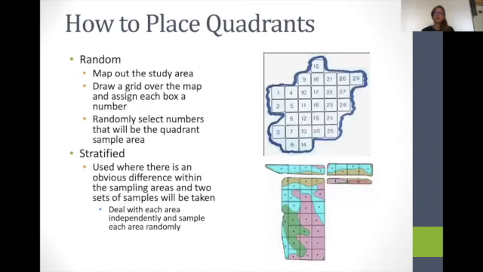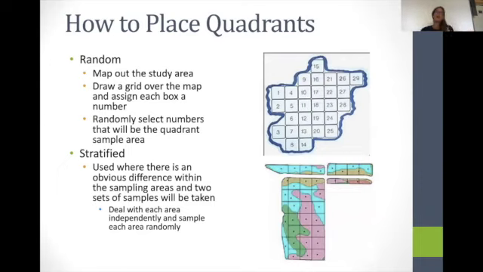So how are you going to place these quadrats? Random is the best way. So map out your study area, draw a grid, and assign each box in that grid a number, and then randomly pull those numbers. That way you're ensuring there's no experimental bias. You do not want to go, well, I'm interested in roly-polies, and I think campus has a ton of them.